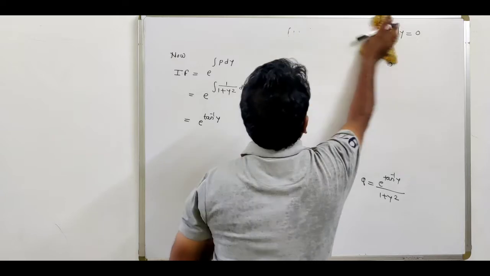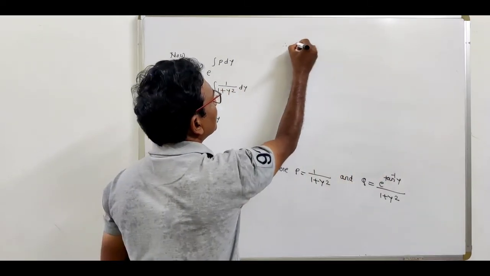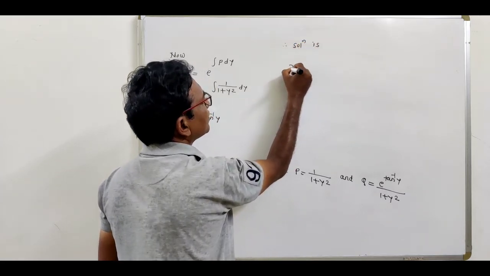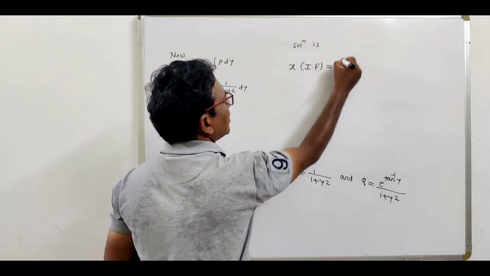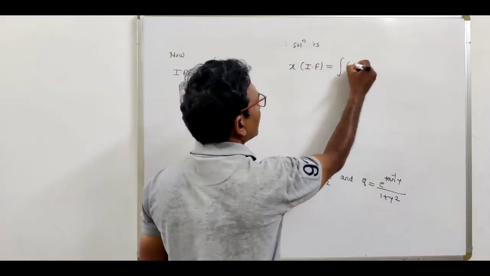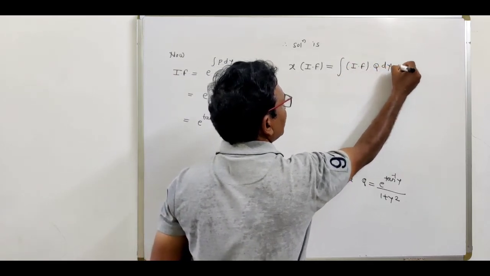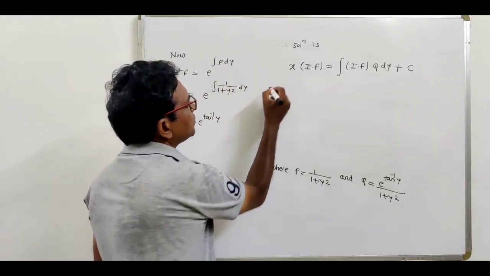Therefore, the solution is, so this is the formula: x into integrating factor is equal to integral of integrating factor into q dy plus constant of integration. So put the values.